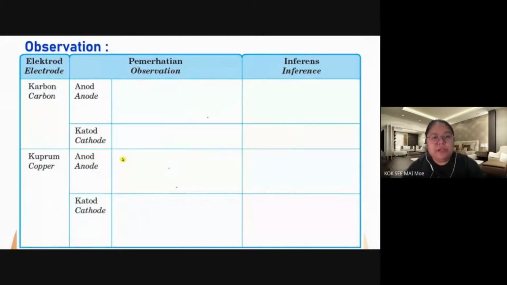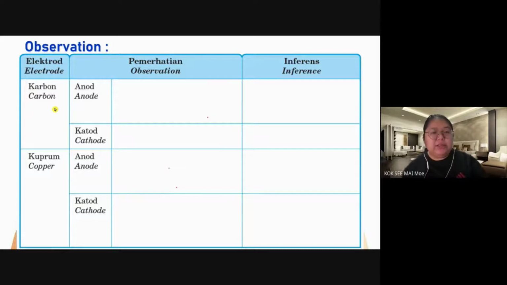Okay, the observation. For carbon, they are separated into anode and cathode. We see what happened. Carbon is a different type. We are using copper(II) sulfate. So if I am using carbon, the electrode is different. What happened at the anode? The situation is that the electrode does not dissolve. So at the anode, they will look for the less electronegative ion to discharge.